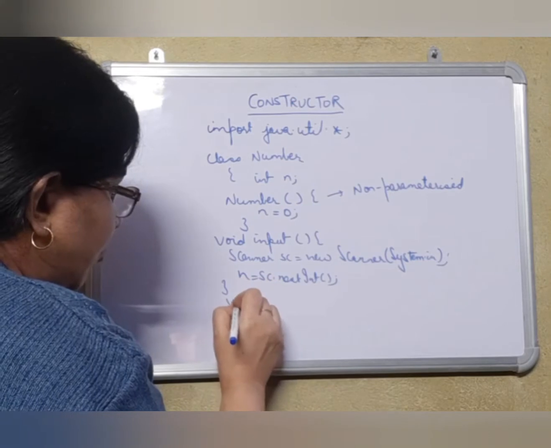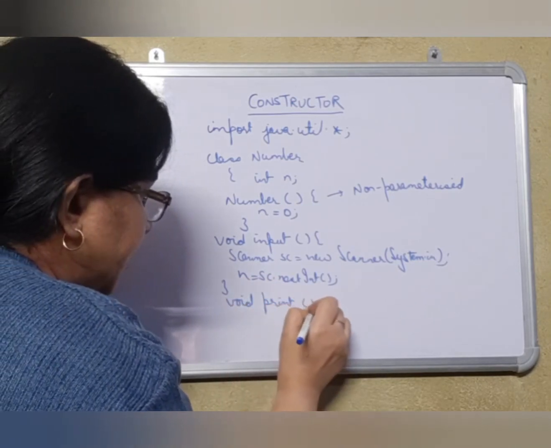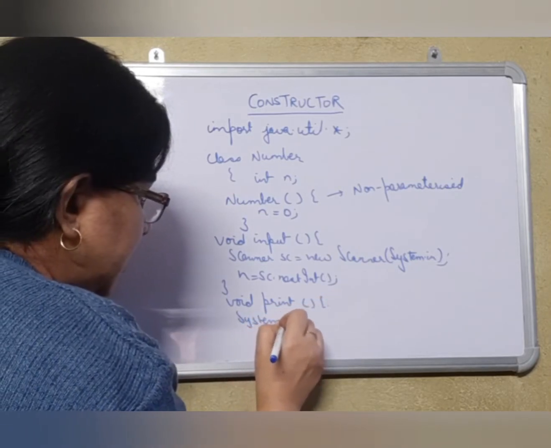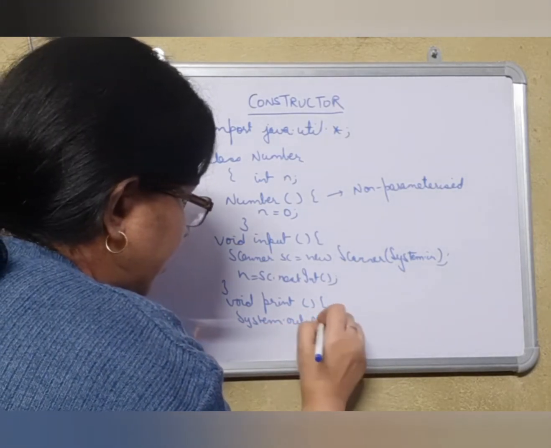And then with the help of void print, I am going to print it. I am just showing you a simple example of it first. This is system.out.println n.